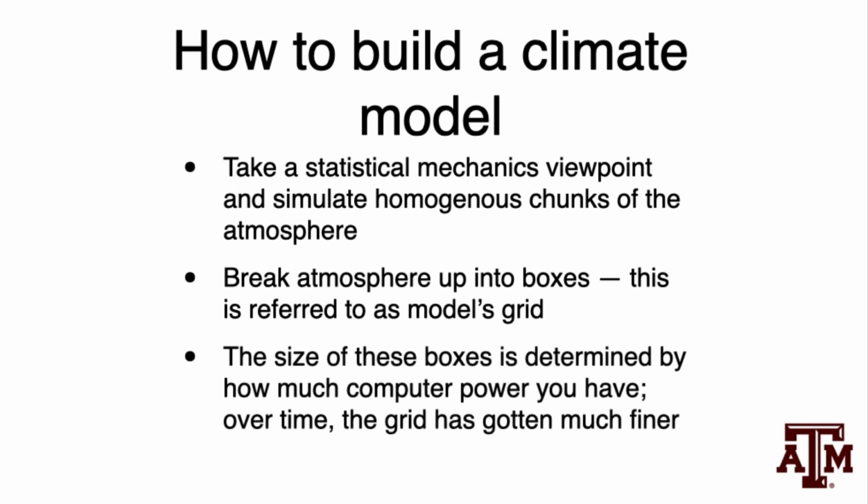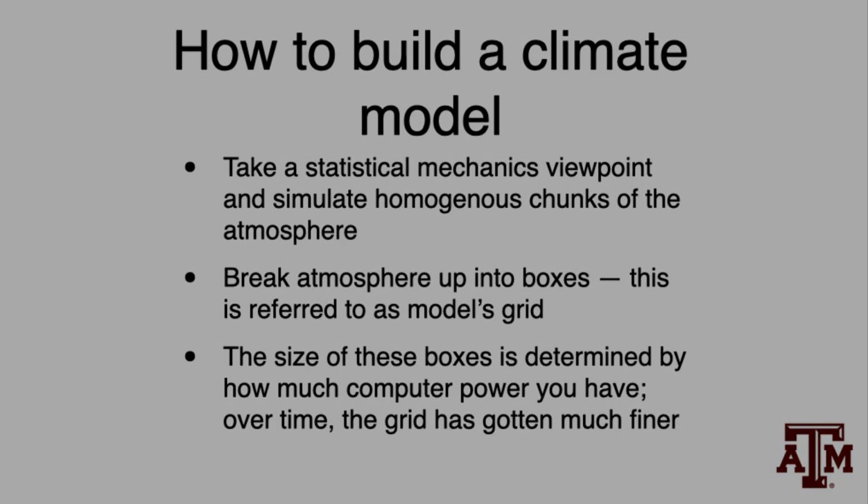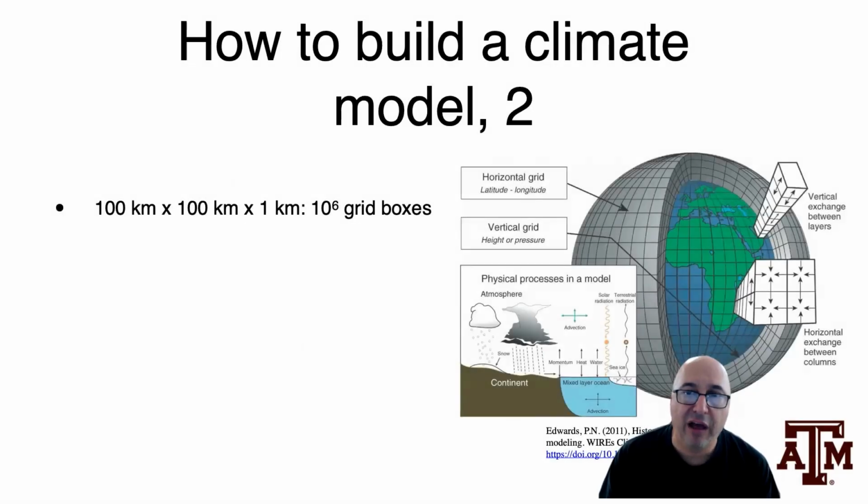Over time, as computers have gotten much more powerful, the grid simulated by these models has gotten much finer. Typically, modern models have grids that are about 100 kilometers by 100 kilometers in latitude and longitude, by 1 kilometer in altitude. So this is a three-dimensional grid that covers the planet and goes up in altitude.